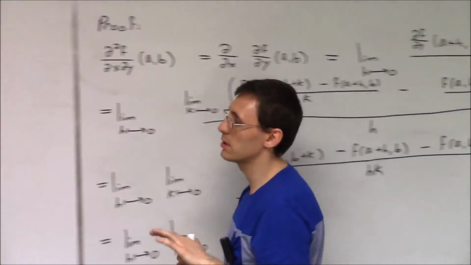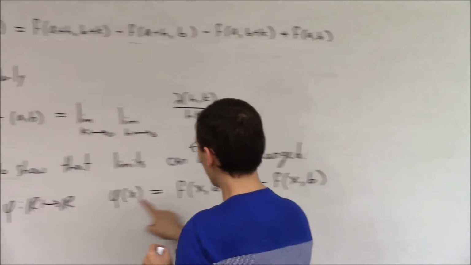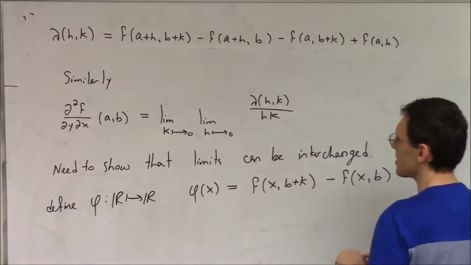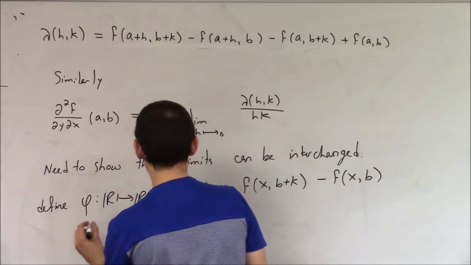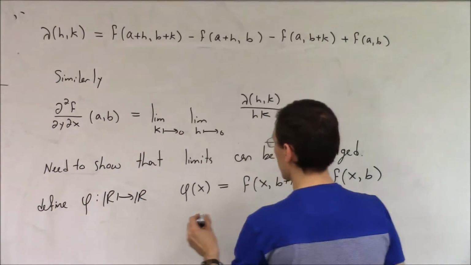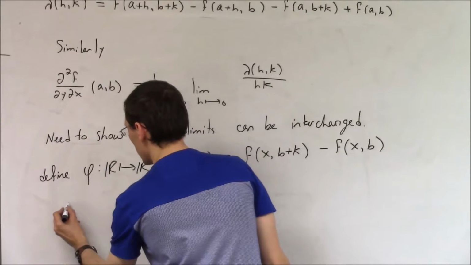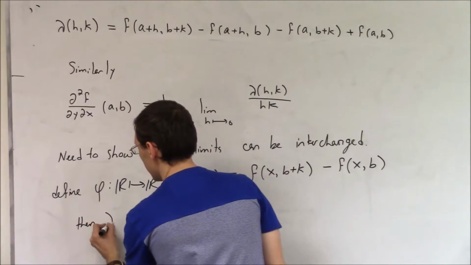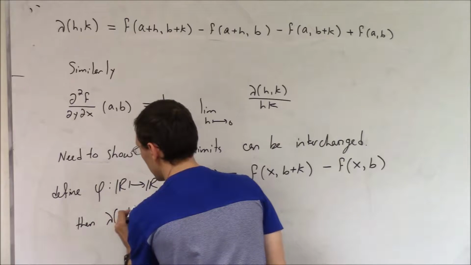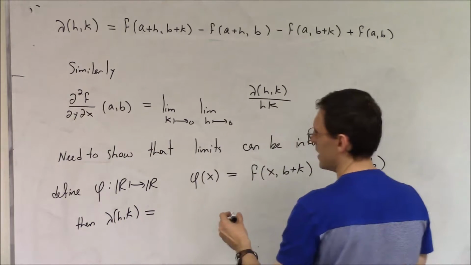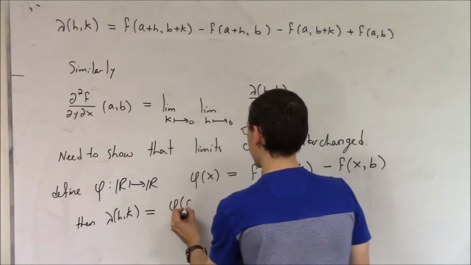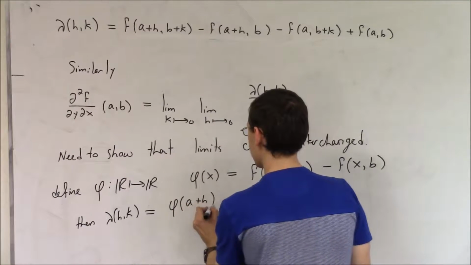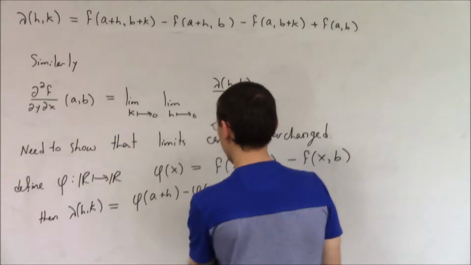This is something that will take you some time to notice why you do that. So it's f of x, it's this function. Then observe that if I want to calculate lambda of (h, k), it is simply phi of (a plus h) minus phi of a.